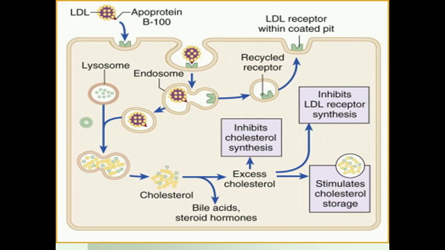Now let's discuss the mechanism of this regulated process. When the ApoB100 binds to its receptors, the receptor-LDL complex is internalized by an endocytotic process. After internalization, it is converted into early endosomes, then into late endosomes.